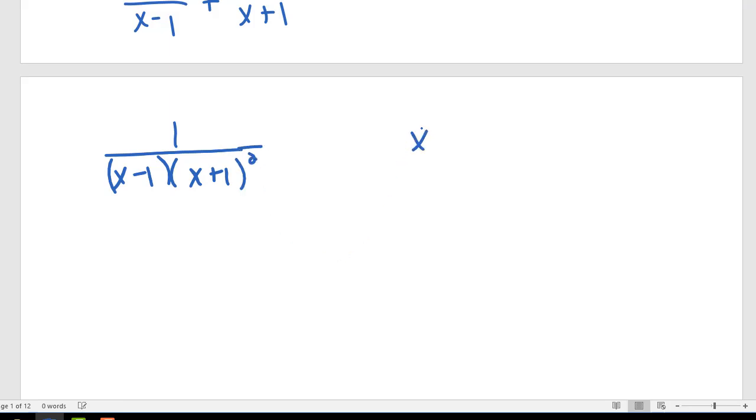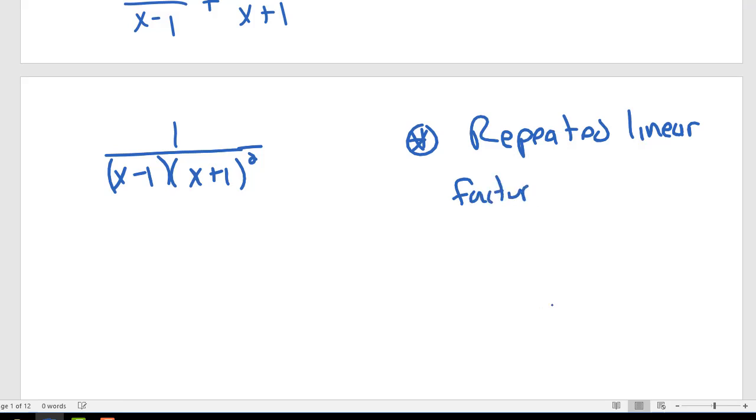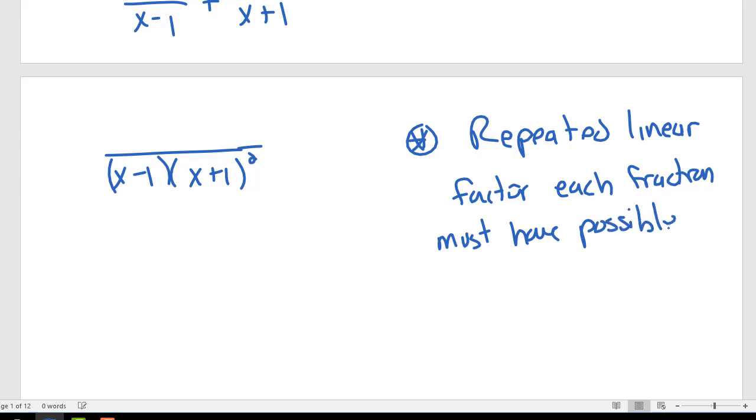The rule in this case is that for the repeated linear factor, each fraction must have all possible powers, all possible factors of that repeated term.